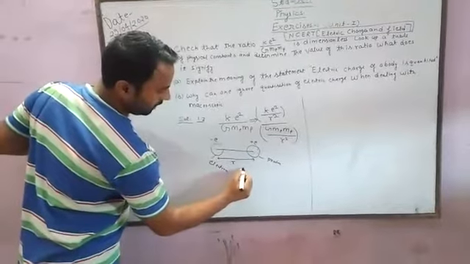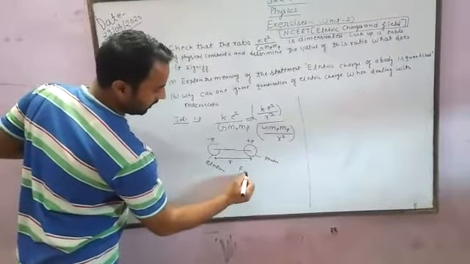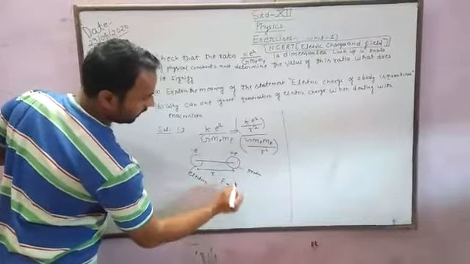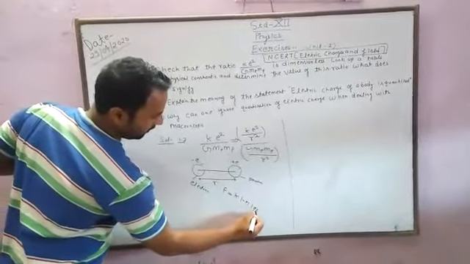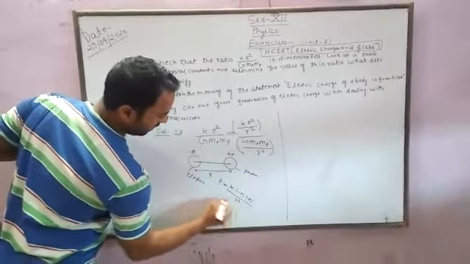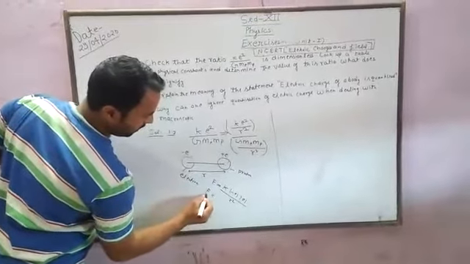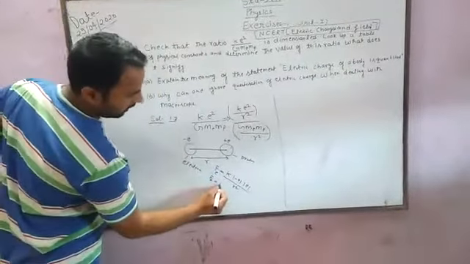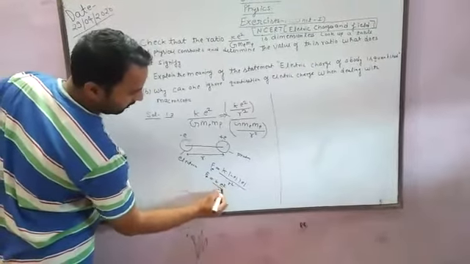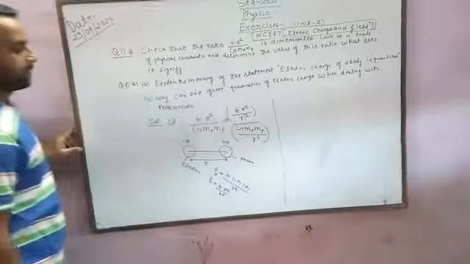The electrostatic force acting between them is k mod of minus e mod of e divided by r square. It means the electrostatic force Fe is k into e square by r square.